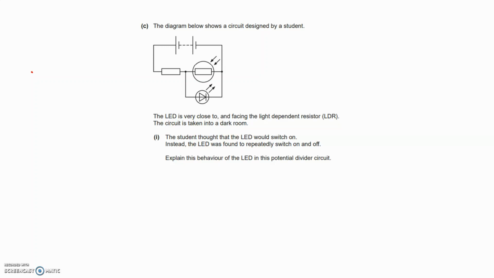Instead, the LED was found to repeatedly switch on and off. Explain the behavior of the LED in this potential divider circuit.